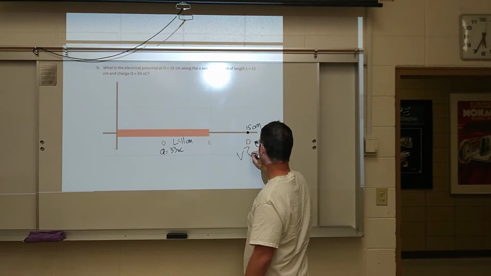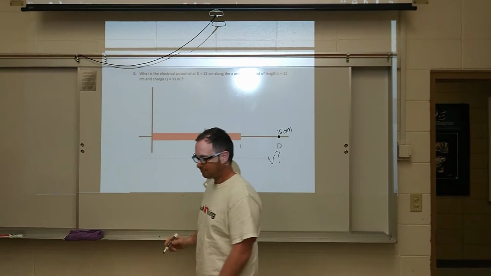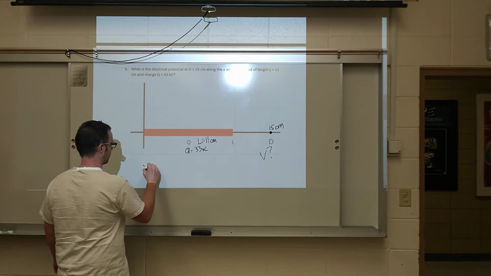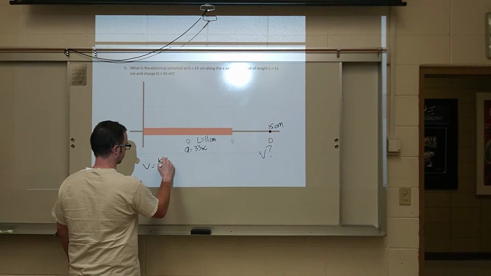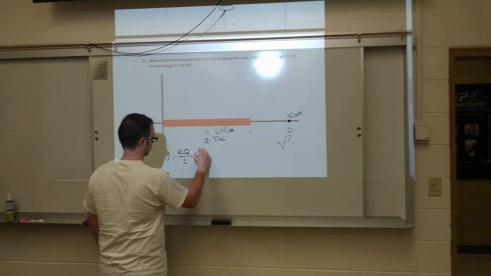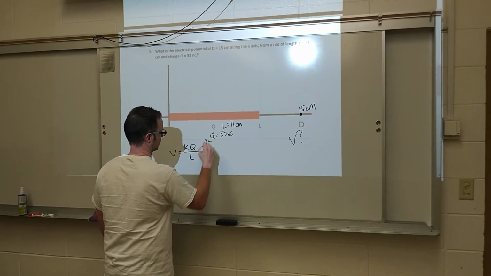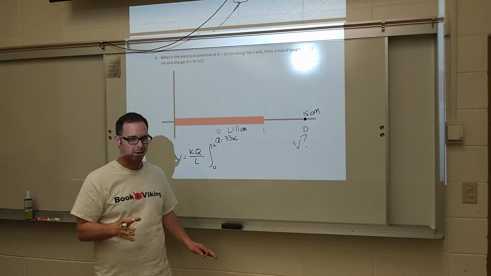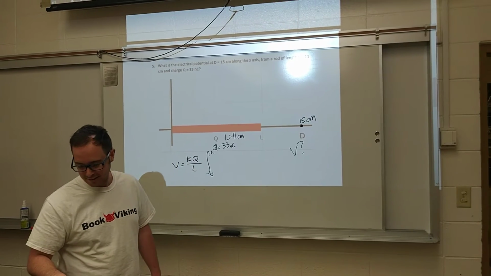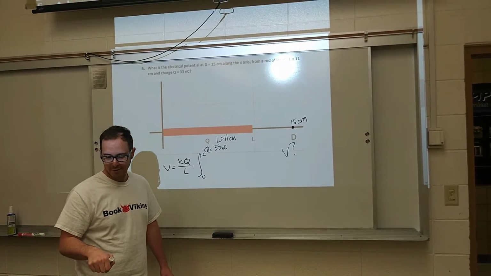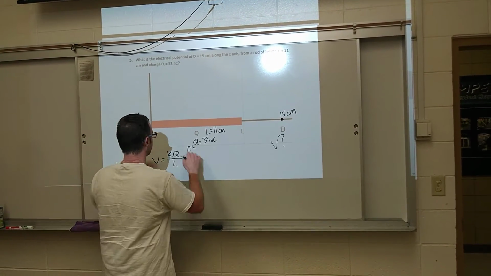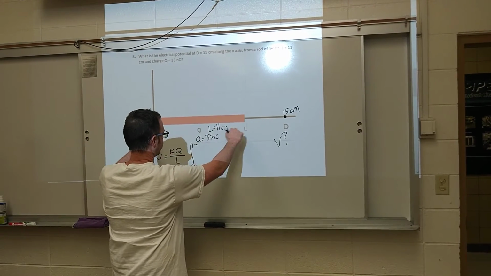So we want V. Well, you get this one from the book. I probably skipped like 6 steps. That's fine. So we wanted to know from here to here, right?